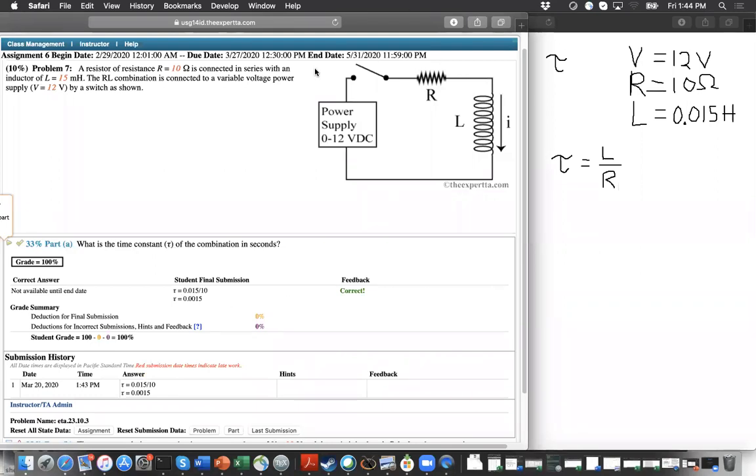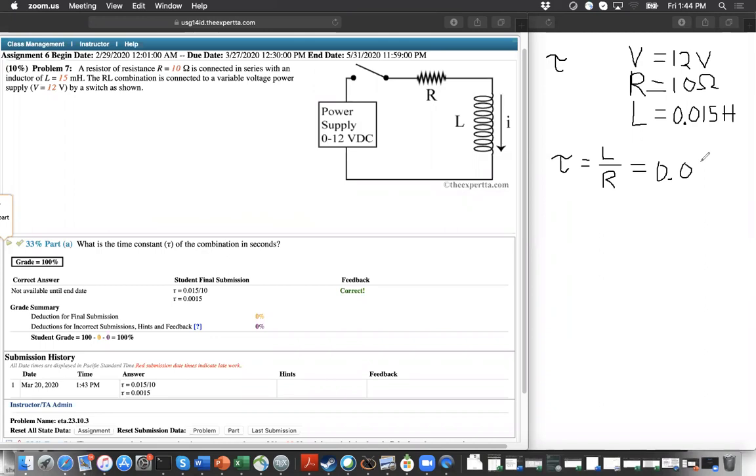That amounts to, just to write it down here, that equals 0.0015 seconds.